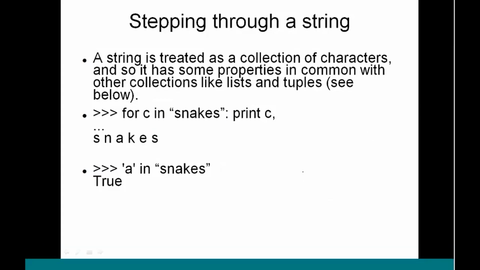So now let's look at how we can step through the string. We already saw some of the stuff. We have to treat the string as a collection of characters, so it has some properties in common with the other collections like lists and tuples.